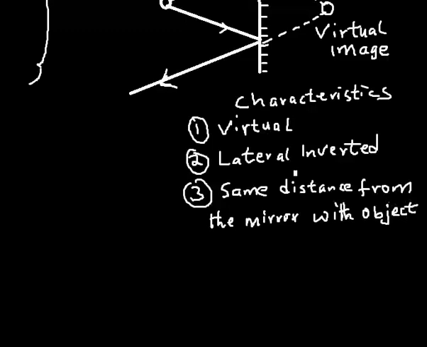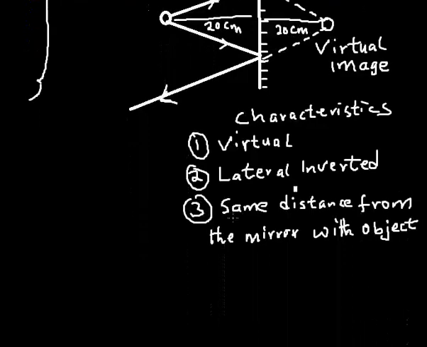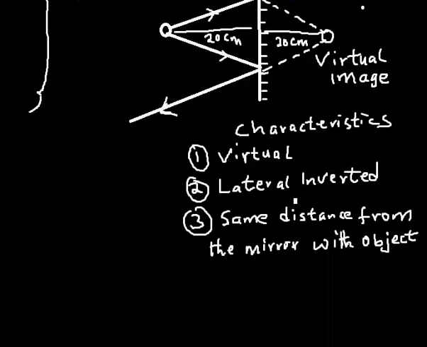That simply means that if the object is, let's say, 20 cm from this mirror, then the image will also be 20 cm. Even if you shift the object, the image will also be adjusted. So it's the same distance, please take note of that. I hope that is well understood.